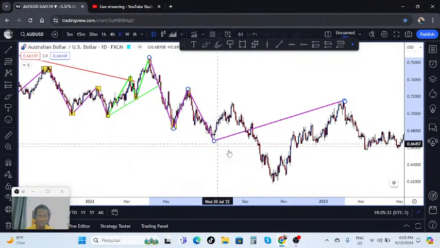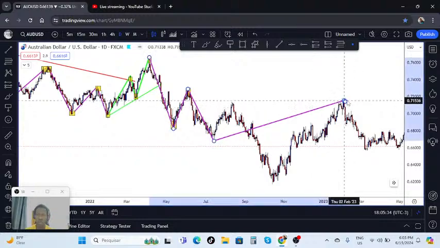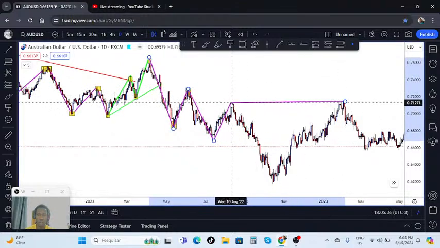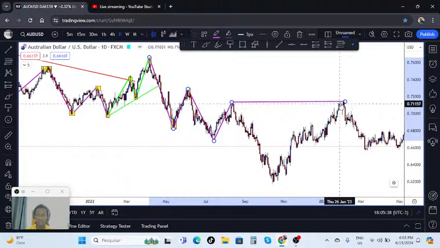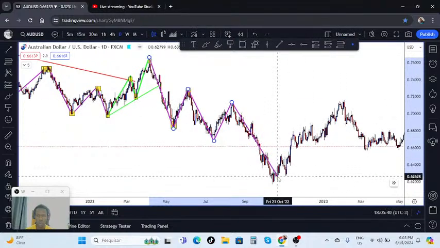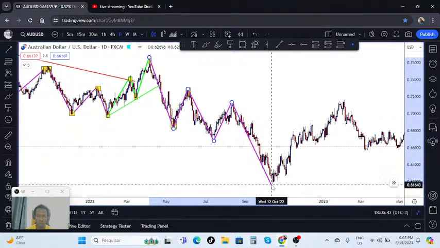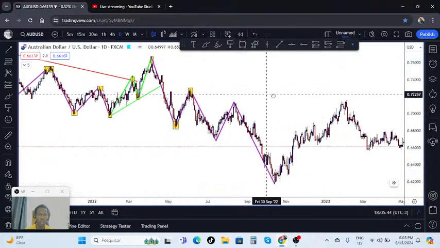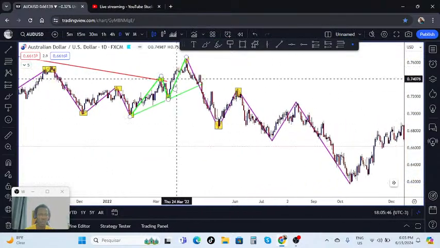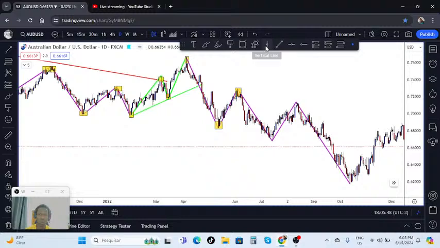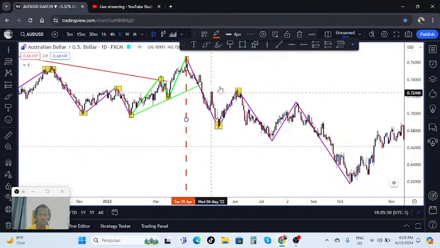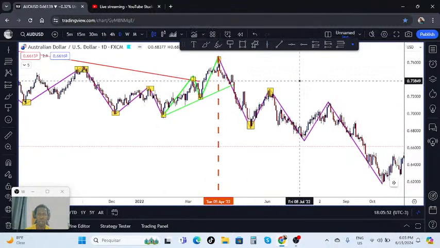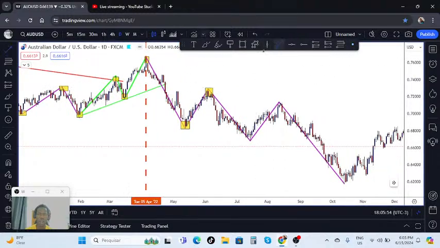So the down market structure here. This up short-term market structure is a different story. Now we have a down market structure right here.